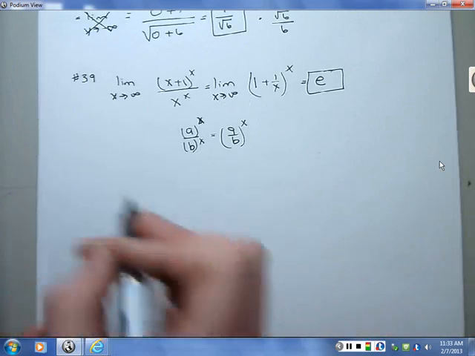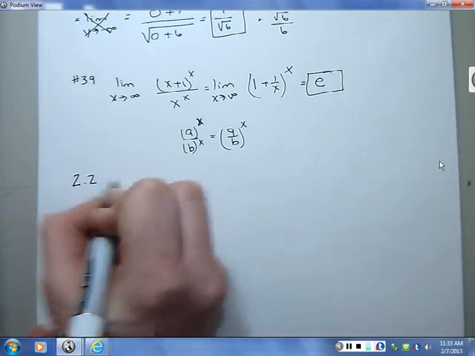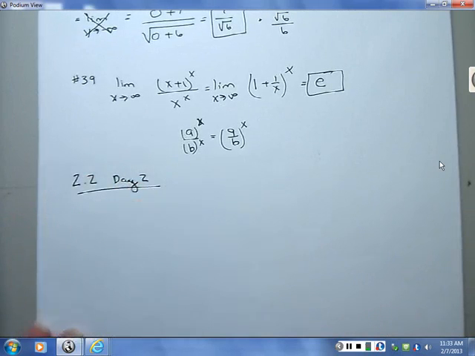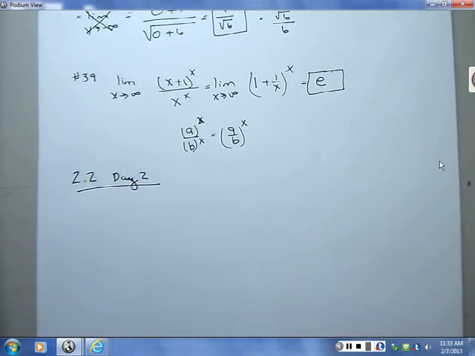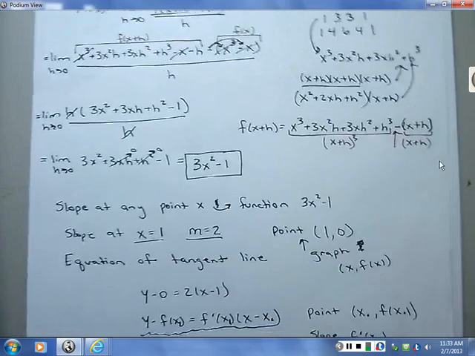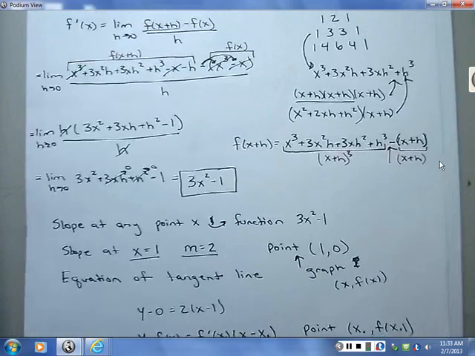Okay, so 2.2, day 2. So last time we covered some good examples on 2.2. We did the example where we had, did I grab that?